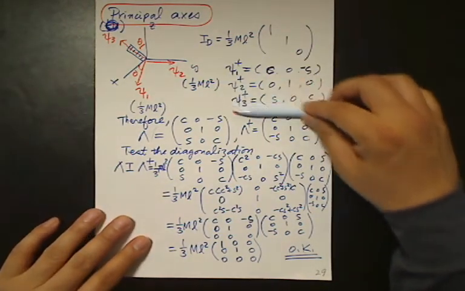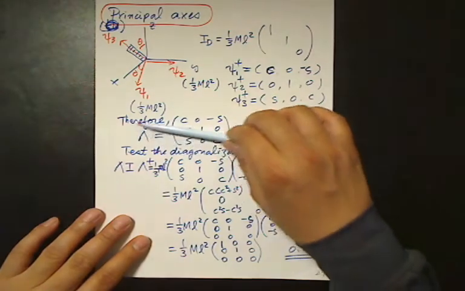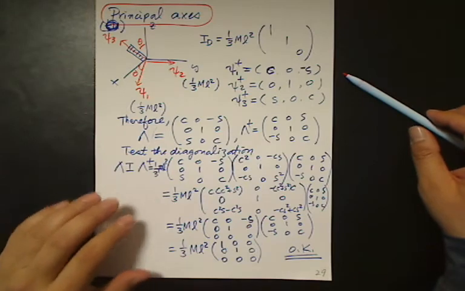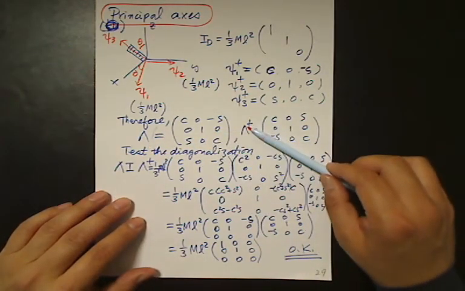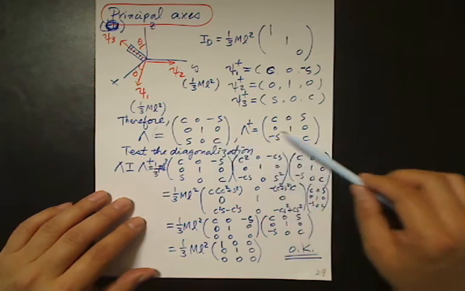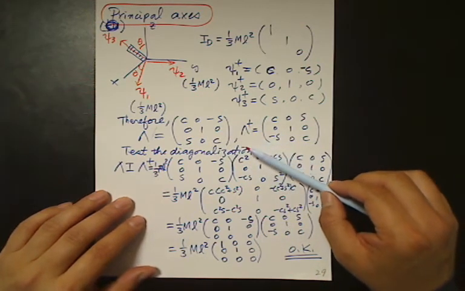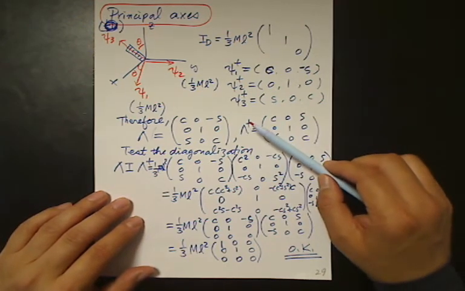Listing these three row vectors in this way, we construct the diagonalizing matrix lambda. And its Hermitian conjugate, Hermitian dagger, is obtained by taking the transpose and by taking the complex conjugate. Because they are real, it is just like the transpose.